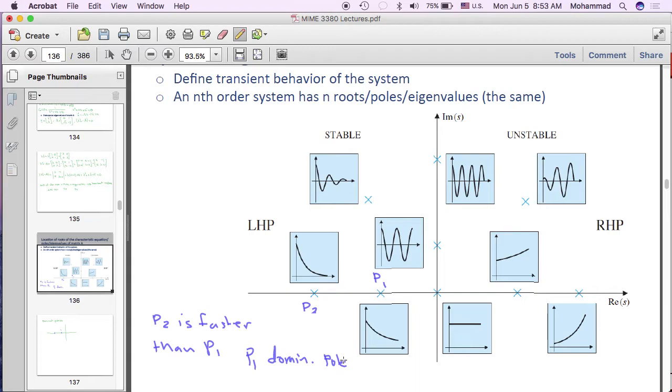Okay? So let me write this down. For a pair of complex conjugate poles, the one with smaller zeta is going to be dominant.